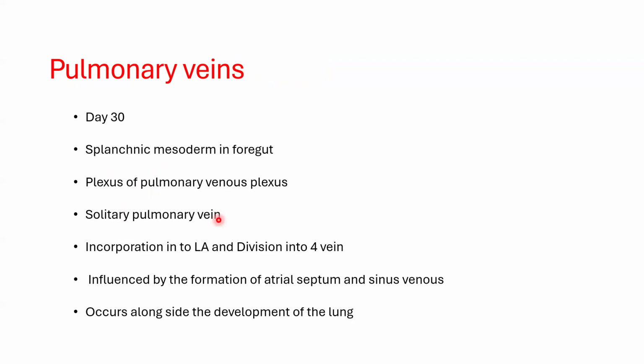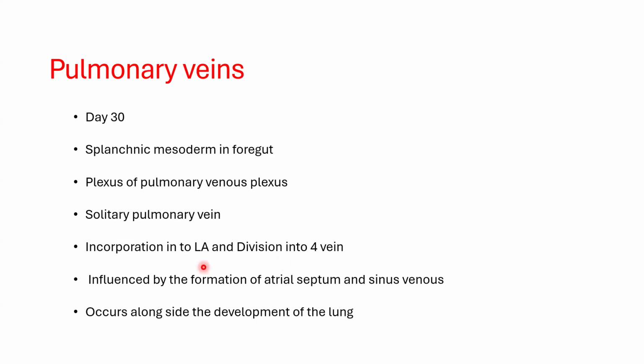And this common pulmonary vein incorporates into the left atrium as a single vein, but eventually it divides into four other veins which connect to both the left and the right lungs, returning venous supply from them into the left atrium.